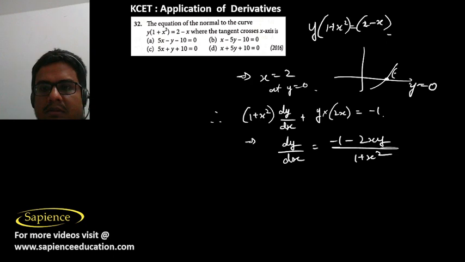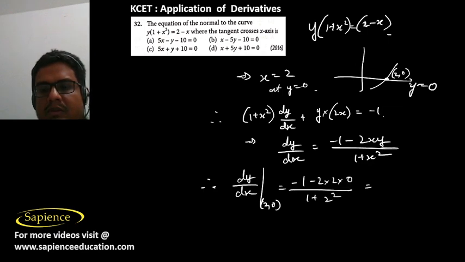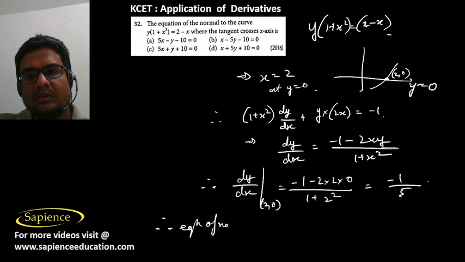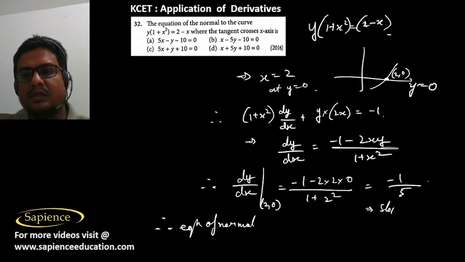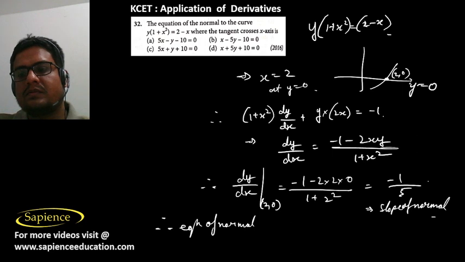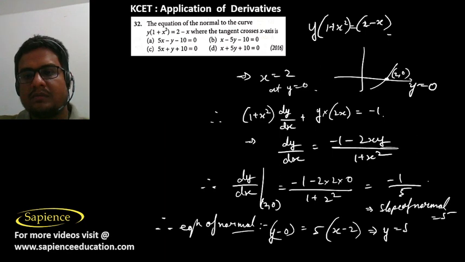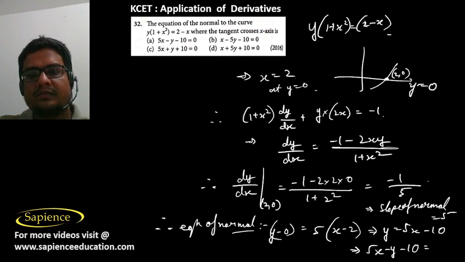The curve will intersect the x-axis at 1 plus 2, 1 by function of dx is minus 5, slope of the function of minus 5x minus function a.